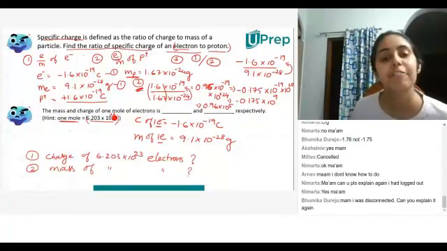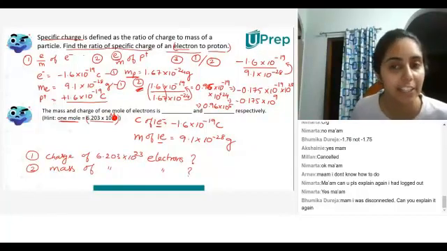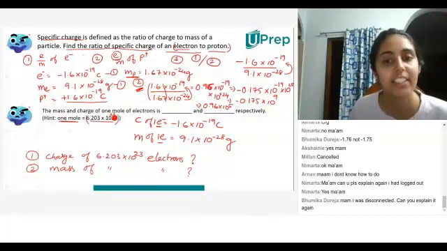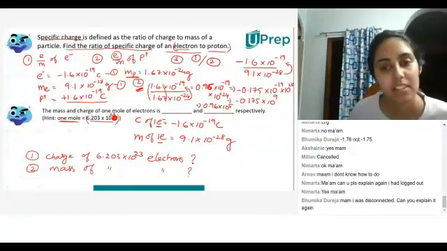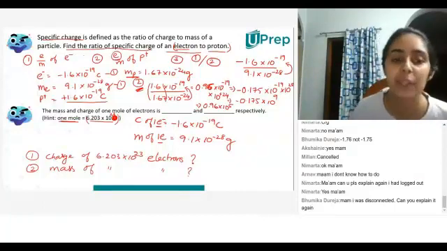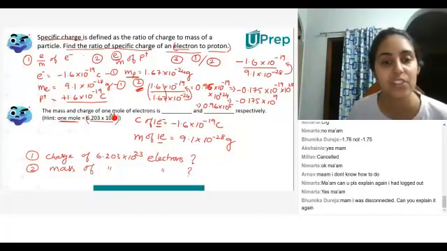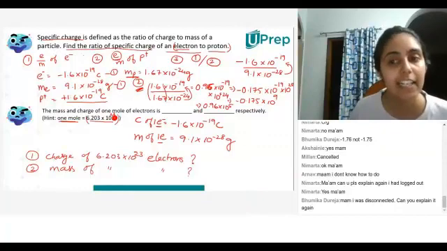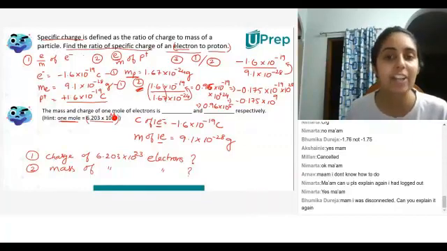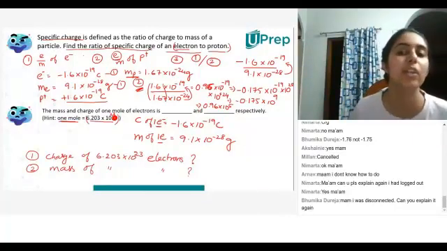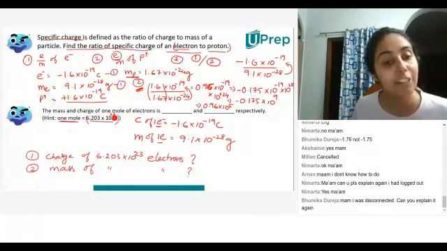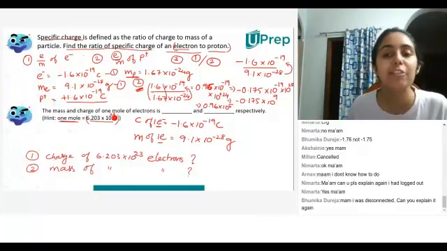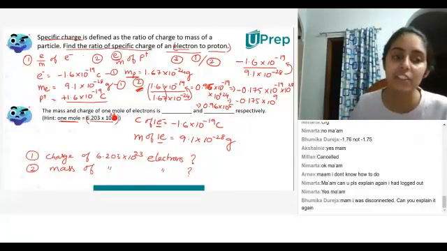So 1 mole of electrons means 6.02 into 10 to the power 23 electrons. If the charge of 1 electron is given to you, can you find the charge of 6.02 into 10 to the power 23 electrons? If the mass of 1 electron is given, can you find the mass of these many electrons?